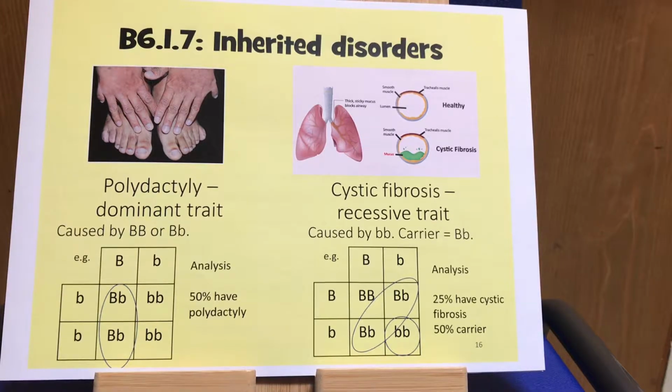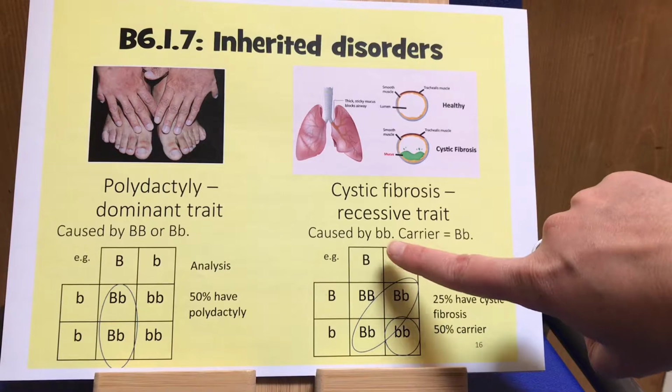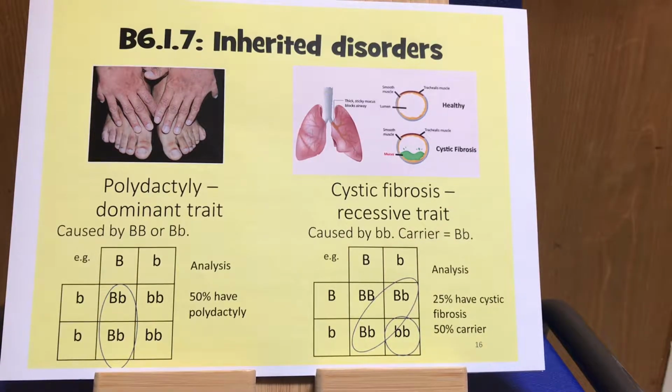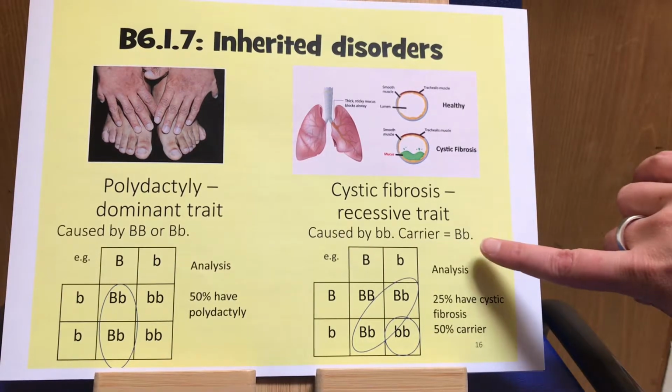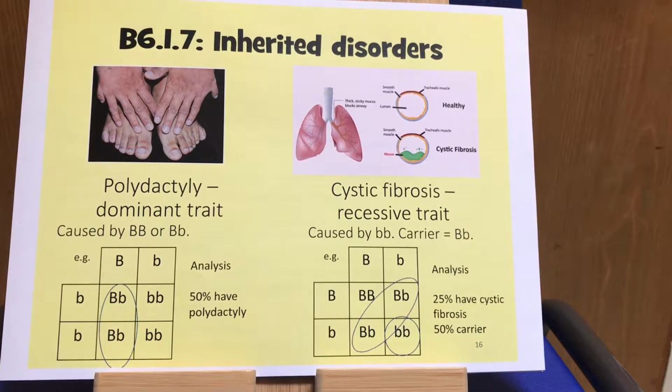It can only be caused by having two recessive alleles, little b, little b. That's homozygous recessive. If somebody has a heterozygous genotype, big B, little b, they carry the potential to pass that condition onto their offspring, but they don't have it themselves. They're described as a carrier.